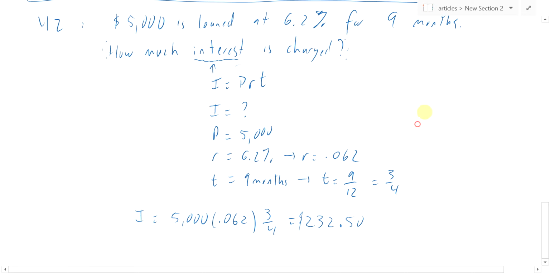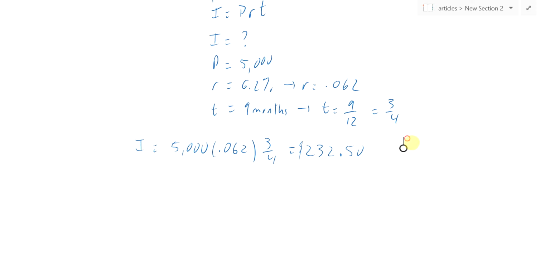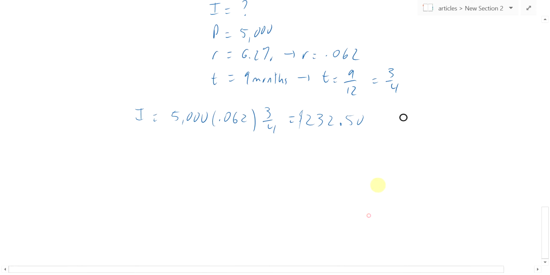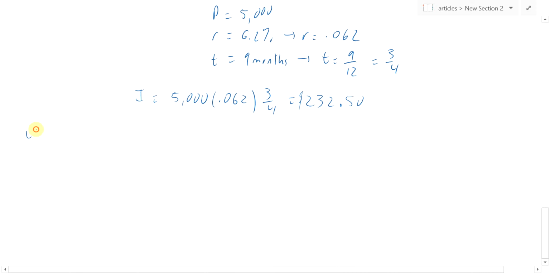So that's 42 and 46. So problem 46 then is a similar problem. Suppose $10,325 is paid back on a loan after 6 months.